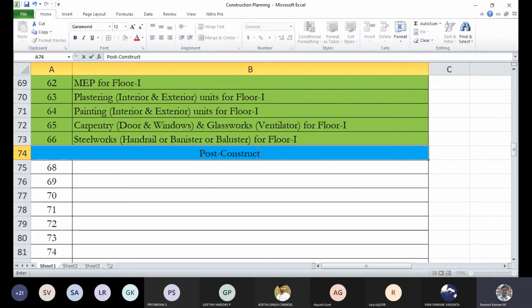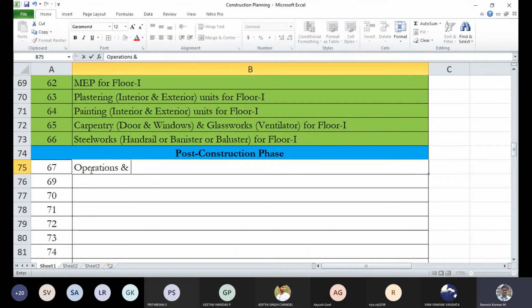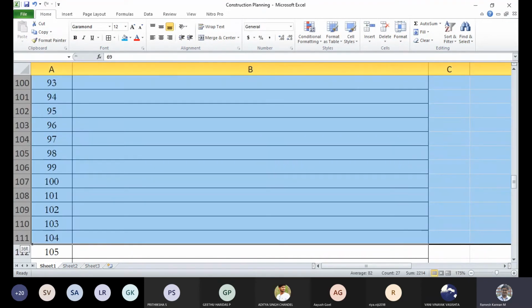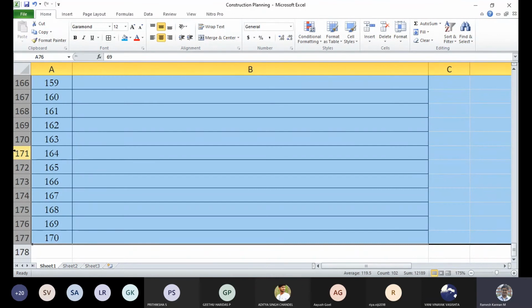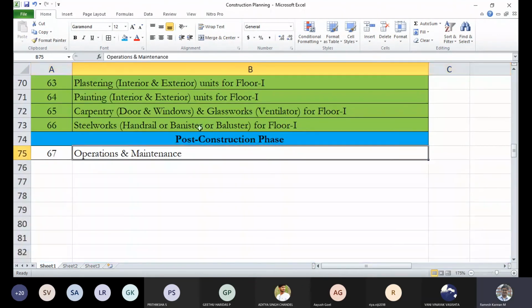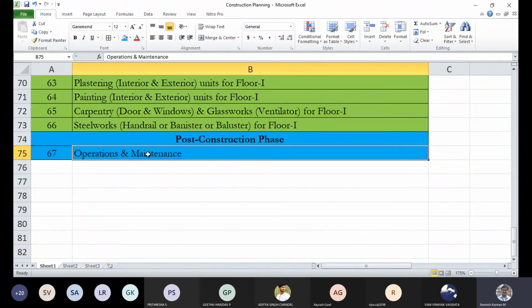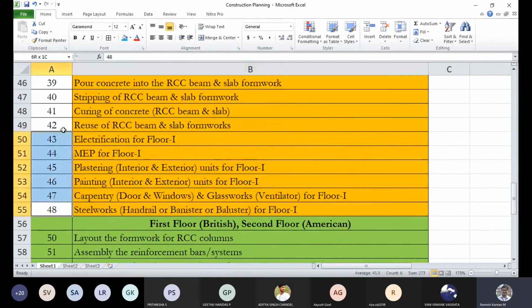Post construction phase, something related to operations and maintenance, something like that. Then this probably can go on and on. So this is typically construction.